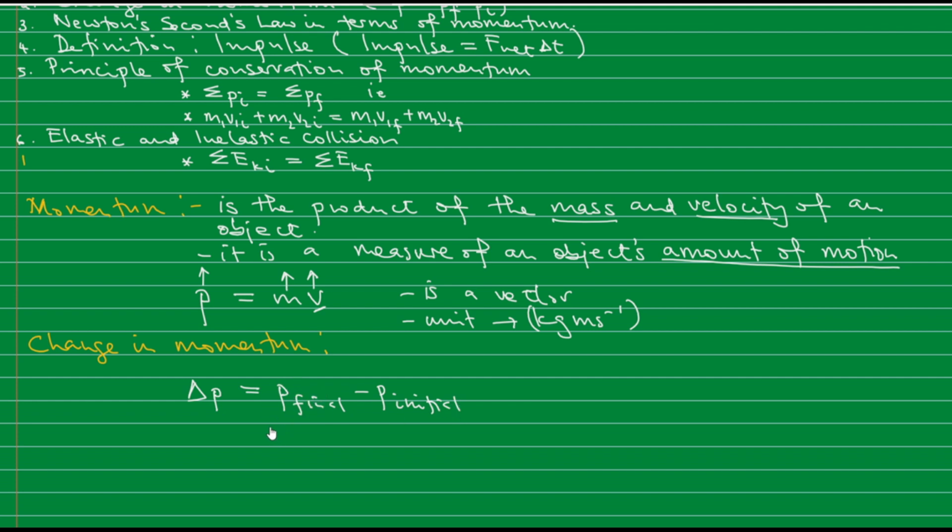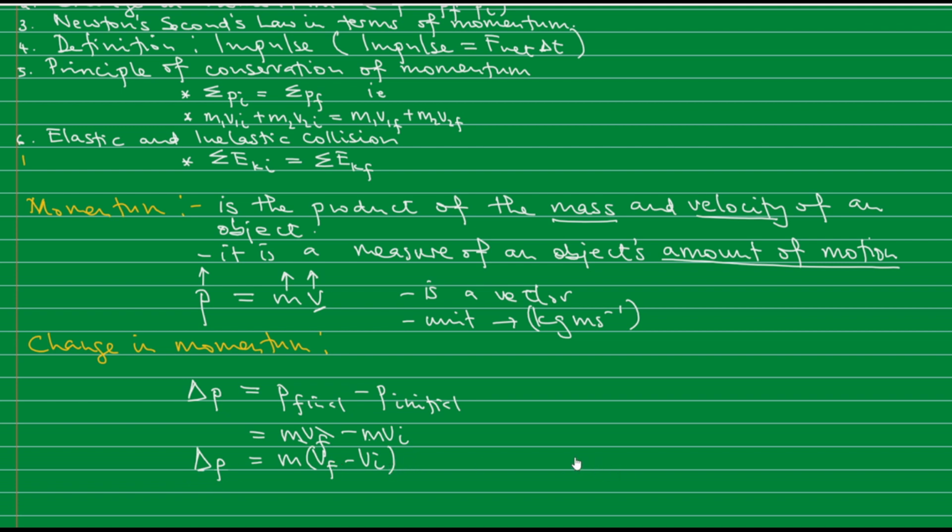So when we put in the formula, our final momentum, we define it as mv final minus mv initial, where we are talking about the mass, because in most cases we are looking at the same object, so the mass will not change, but the velocity is the one that changes. So when the velocity changes, the momentum will also change. We can factor out m to give our formula as m(v final minus v initial). So that formula will give us the change in momentum.